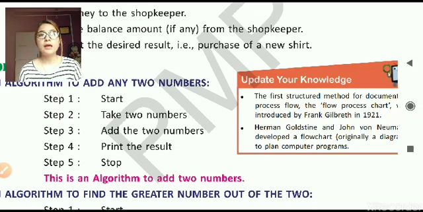Step 3, you will add the two numbers. Step 4, print the result, the addition of two numbers. And fifth, stop. Now you have to remember every time you write an algorithm, you have to write start in the first step and stop in the last step.